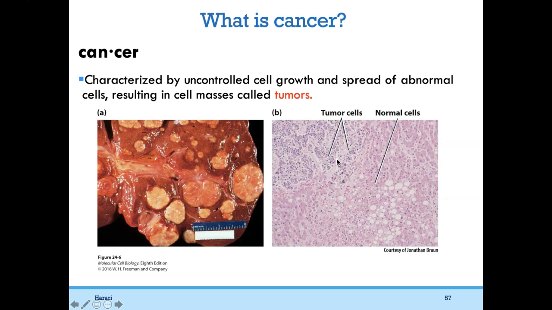These tumor cells have a lot of genomic instability. They change their size and shape. You can see over here, there are these growths. These are called tumors, right? And these are quite large. These are very large tumors in this tissue. So cancer cells look and act very differently from healthy cells.